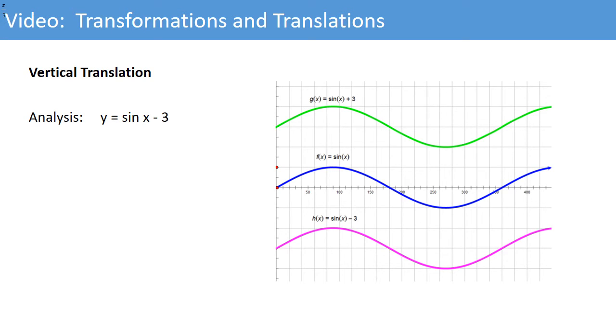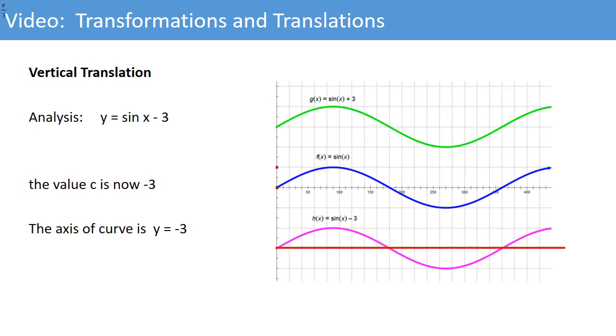Now, let's look at y equals sine x minus 3. Let's draw in the axis of curve. And we will see, yes, the value of C is now negative 3. And the curve has moved down, translated down to negative 3.